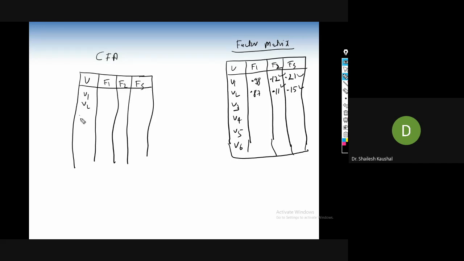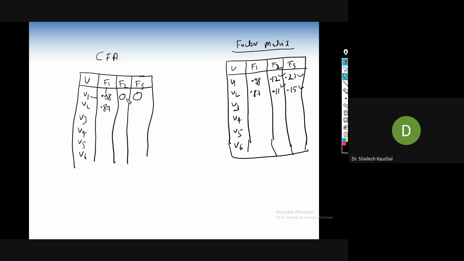V1, V2, V3, V4, V5, V6. So we assume these factor loadings 0.98, 0.87 only, and V1 is related only and only with F1, and zero correlation with F2, zero correlation with F3.